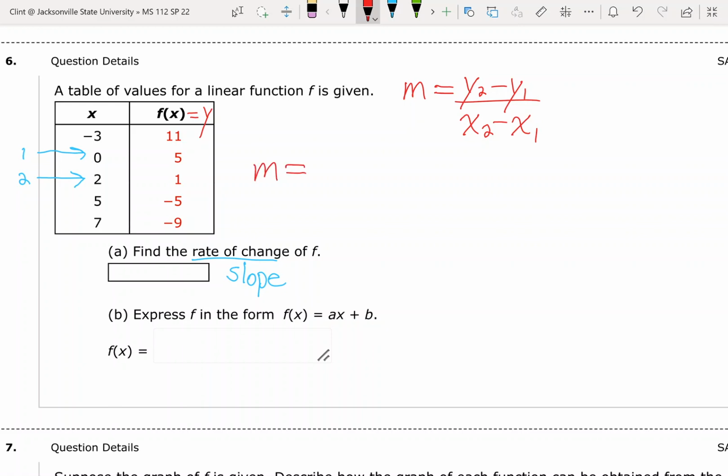My slope: I need the y from point 2, that's 1, minus the y from point 1, that's 5, over the x from point 2, that's 2, minus the x from point 1, that's 0. I get negative 4 over 2, that's negative 2. There's my rate of change.